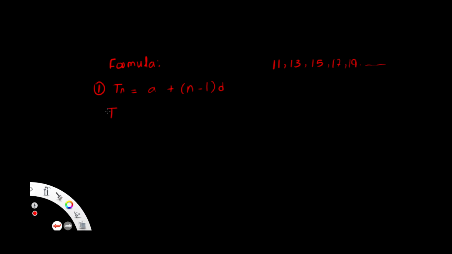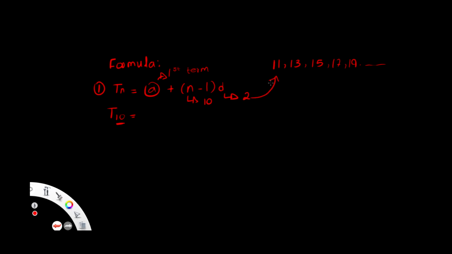Let's say I want to find out the 10th term of this progression. So A denotes the first term. N denotes the value of the nth term, so 10 in this case. And D is the common difference, which is 2 in this example.